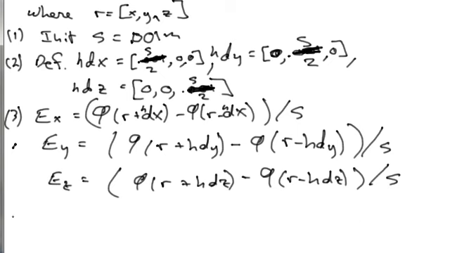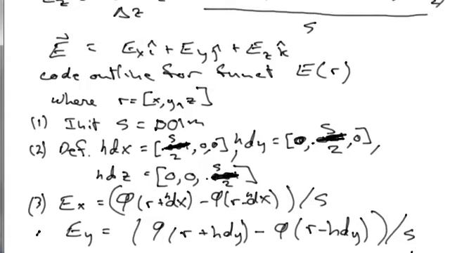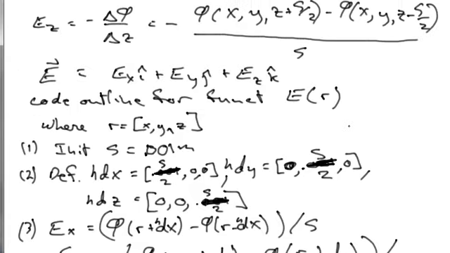Then what I want to do is to return e vec. So I think I'll call it ex, ey, ez. Alright, I think that's all that there is. So we got two functions, got the code outline for each one.